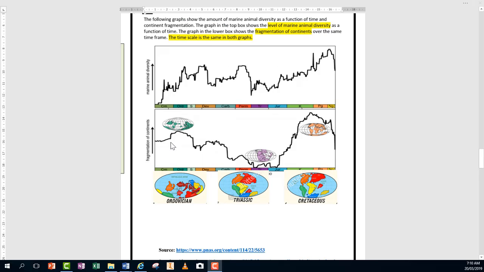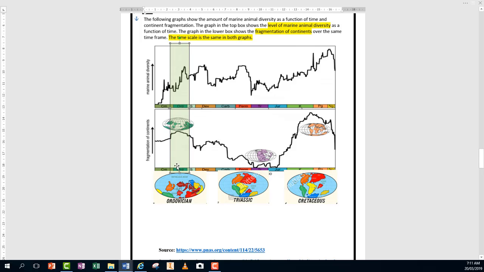So I'm going to go back up to here, and I'm overlaying this, and there's our first area, the Ordovician, which is the period they're asking about. The question is what is happening. We've got two graphs. Graph number one, marine animal diversity. What is happening with the marine animal diversity? And the next question is what is happening with the fragmentation of the continents.